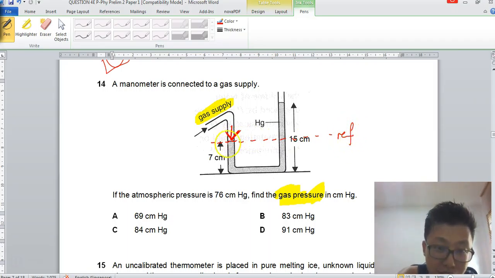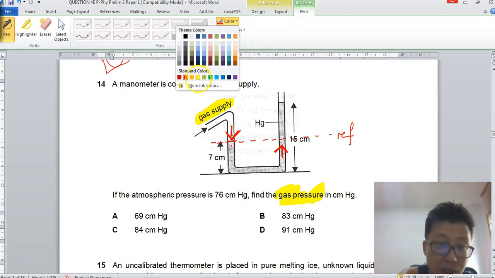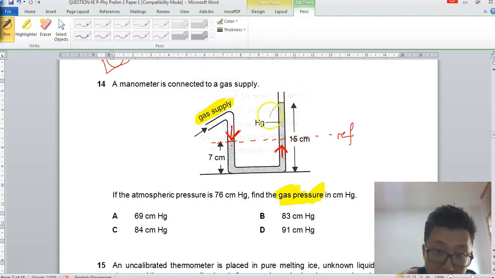You know that this pressure will be translated to here, and it will be used to support the weight of this column and the atmospheric pressure.